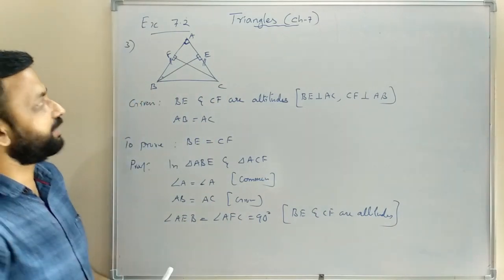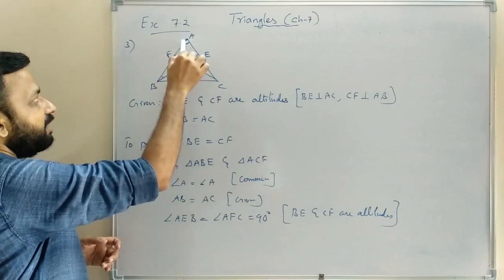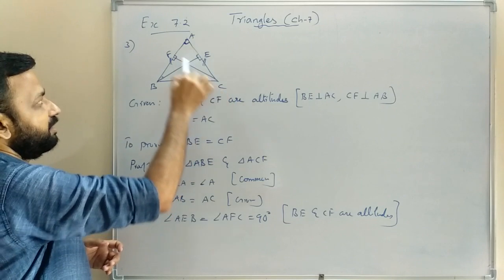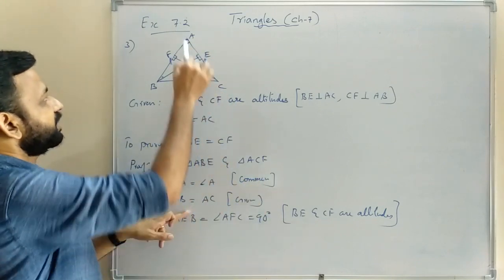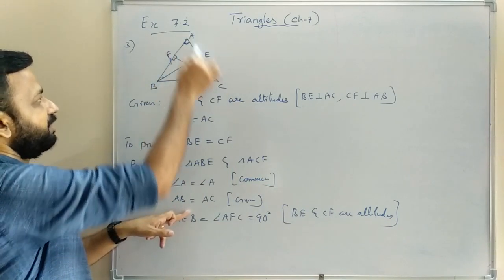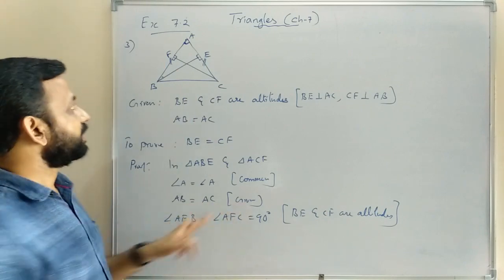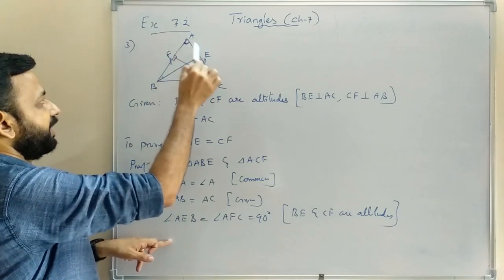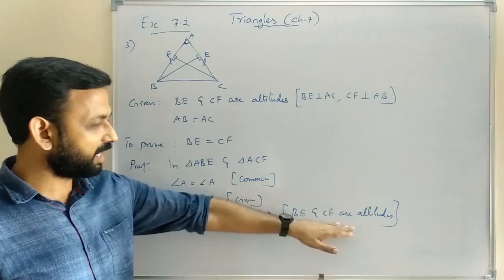So when we compare the two triangles, in triangle ABE and triangle ACF, angle A equal to angle A, common. Side AB equal to side AC, given. Angle AEB equal to 90 degree, angle AFC equal to 90 degree, reason they are altitudes.